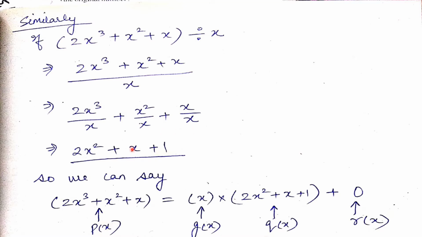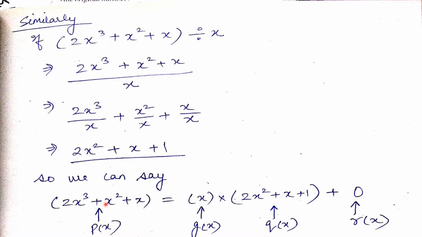Now we can solve them. This x and this cube will cancel one power and we will get 2x^2. Similarly, here also same base, powers subtract, 2 minus 1 is power 1. Here they both will cancel and the answer we have got is 2x^2 + x + 1. No remainder we have got in this case.